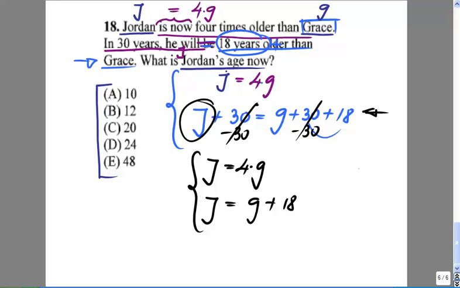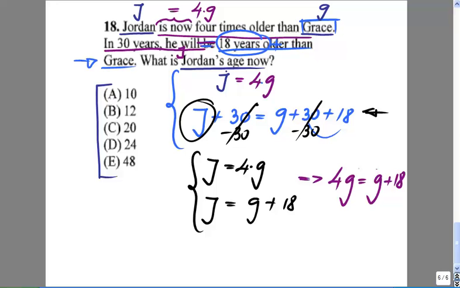Okay? Well, this is easy now, because you have Jordan, you can use substitution, and you will have an equivalent equation to the system here that says that 4G equals G plus 18. Okay?